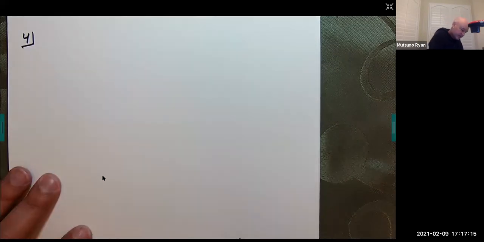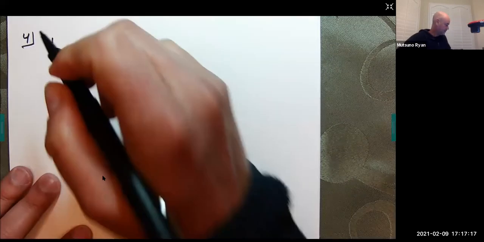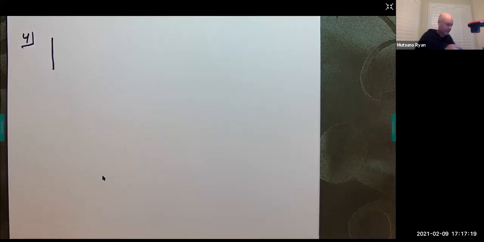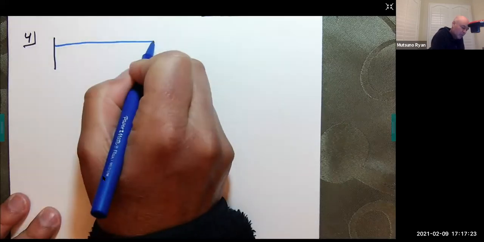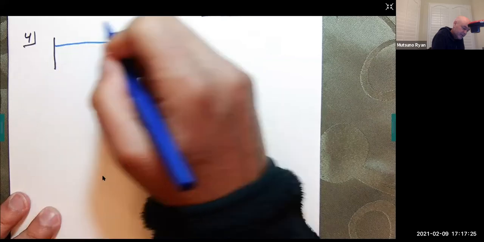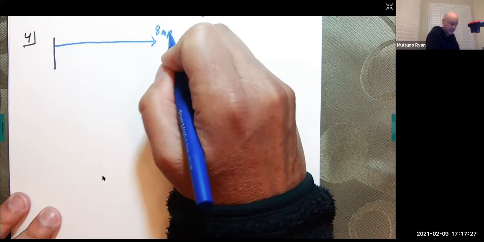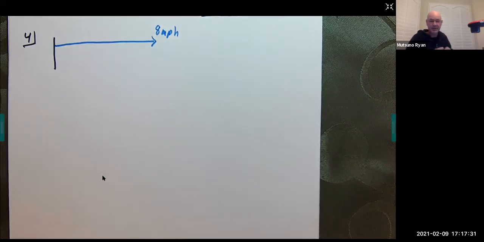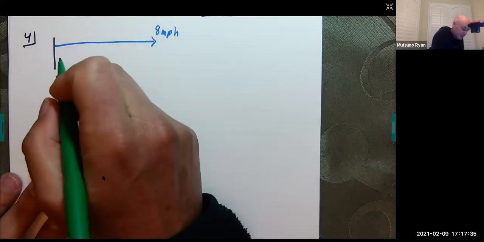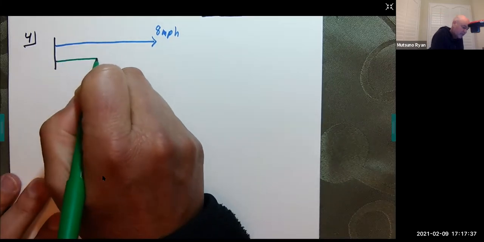All right, let's get a good handle on exactly what it is that we're looking at here. So here's number 4. We have a starting point, and we have 2 people walking. One of them goes at 8 miles an hour. Another person, at the same time, same direction, is only going 4 miles an hour.